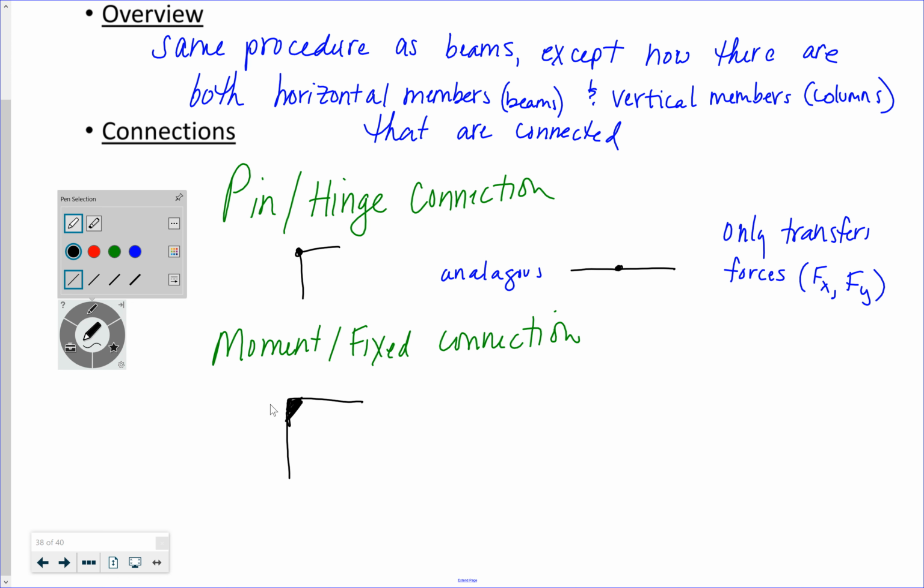And that would basically be analogous to a continuous beam, right?